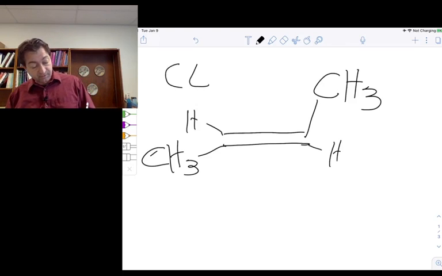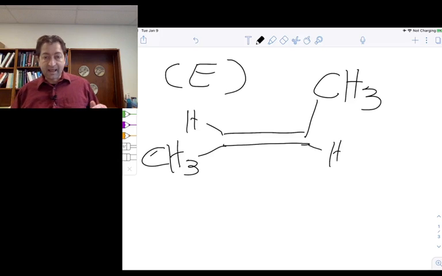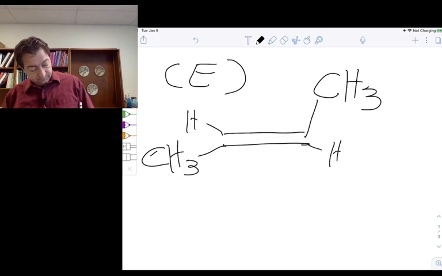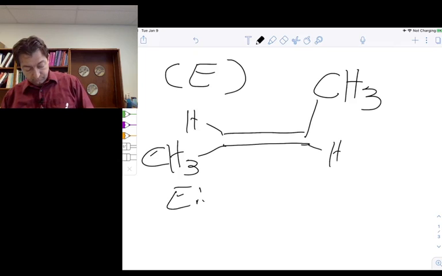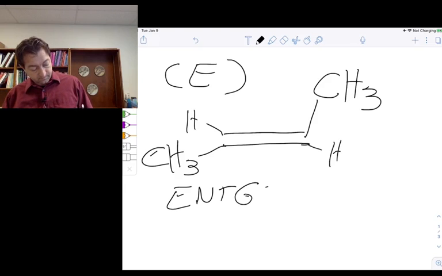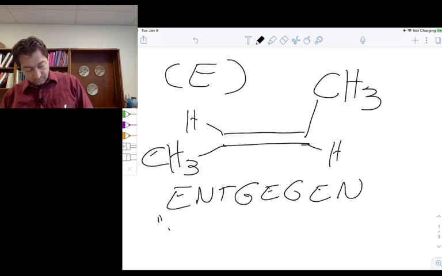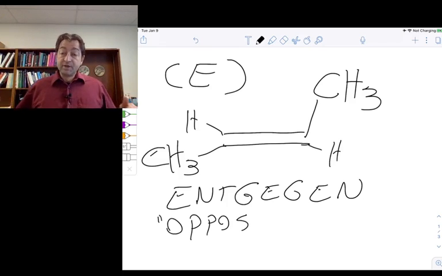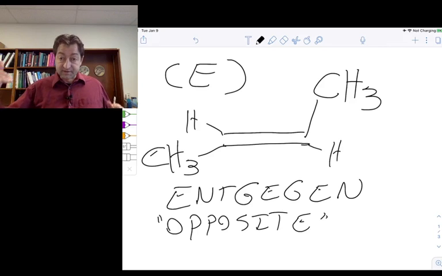That comes from the German word Entgegen, which is translated into opposite. So here the substituents are on opposite sides of the double bond.